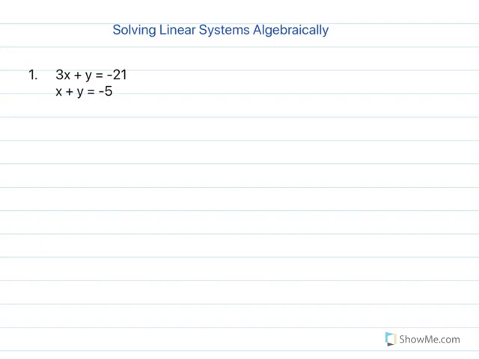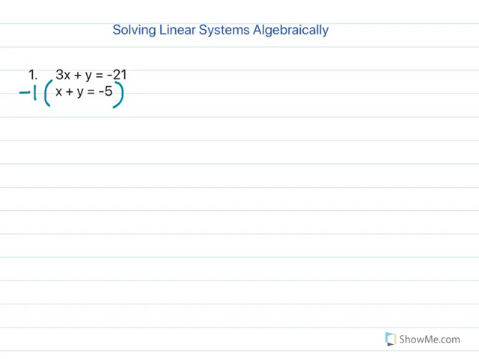Now personally, I think the y's would be easier because in order to eliminate these, when we add them, we just need to make sure that we have a positive and negative version of the same x or y value. So since we both have positive y's, all we need to do is make one of those y's negative. And to do that, we can just multiply the entire equation by negative 1.